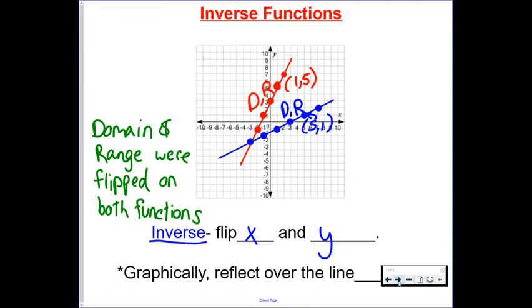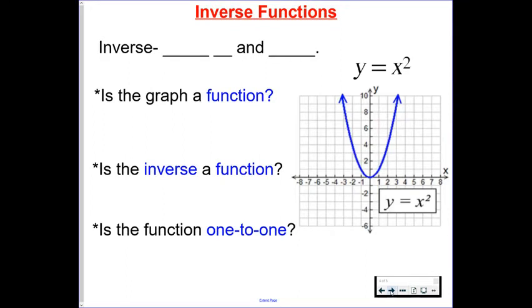Graphically, what that means is that we took the original function and reflected it over the line that's down the middle of the inverted line and the original line, and that's the line y equals x. So anytime you are asked to find an inverse, like you are on your homework today, just take the x and y values and flip them to graph the inverted function. So inverse, as we just saw, means to flip the x and the y values of your function.